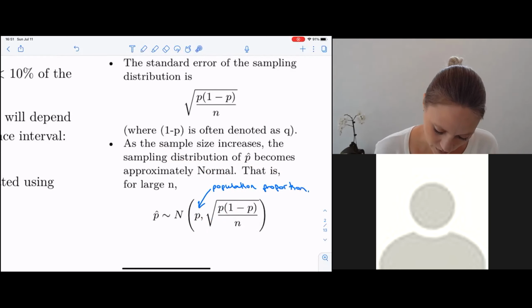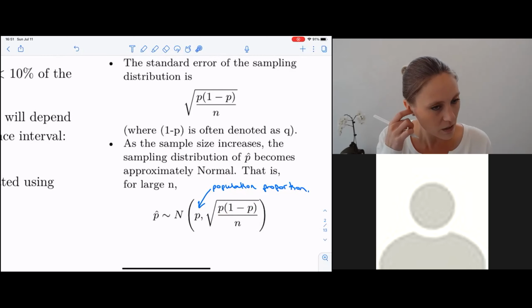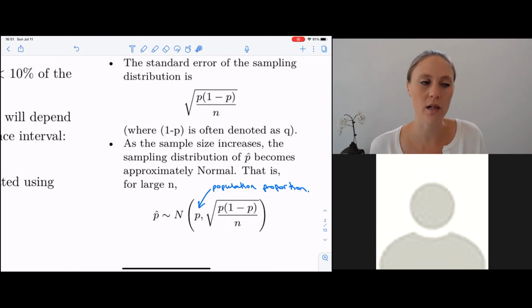Right? Which happens here and here as well.